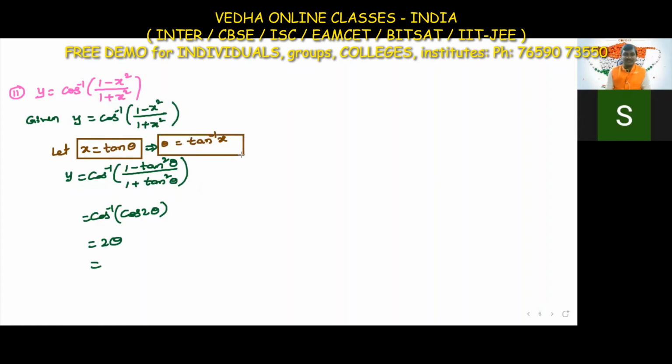Can we cancel minus tan square theta and tan square theta in the second step, and get y equal to cos inverse theta? No, we can't cancel the numerator tan square and the denominator tan square like this.